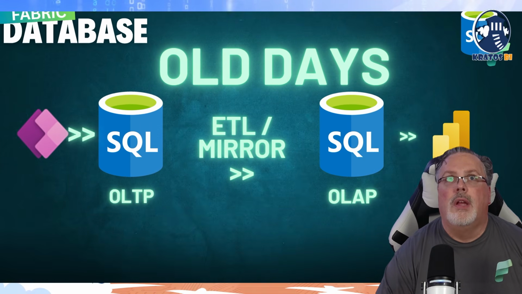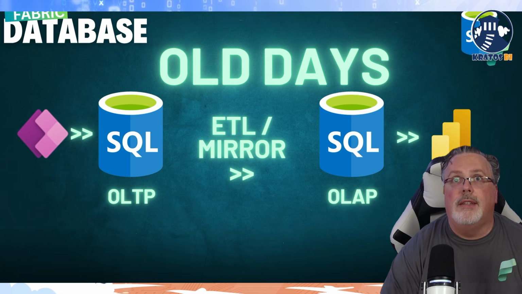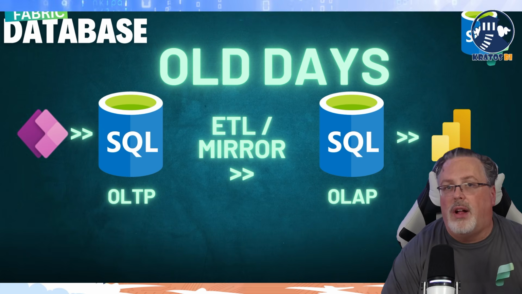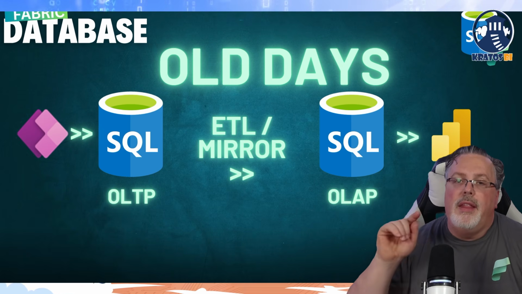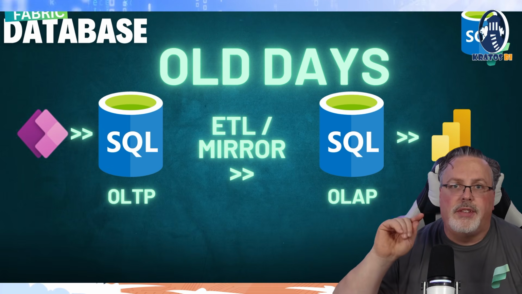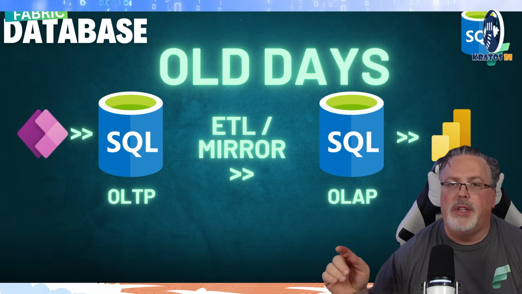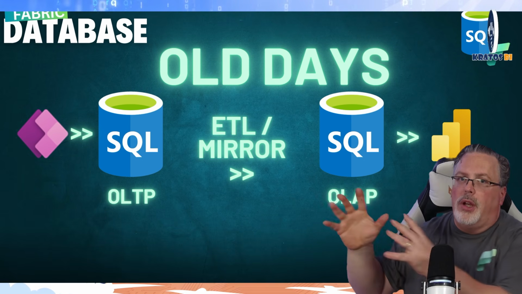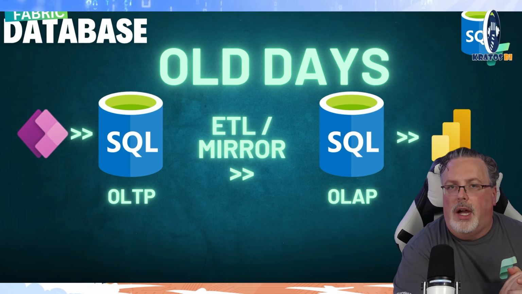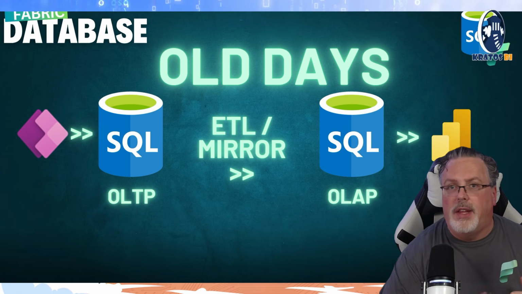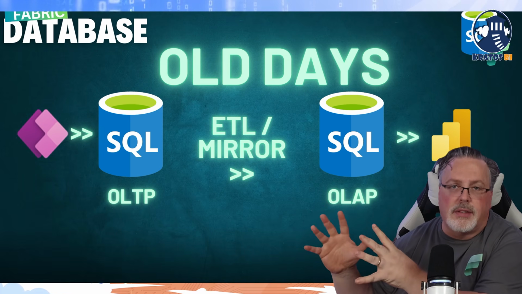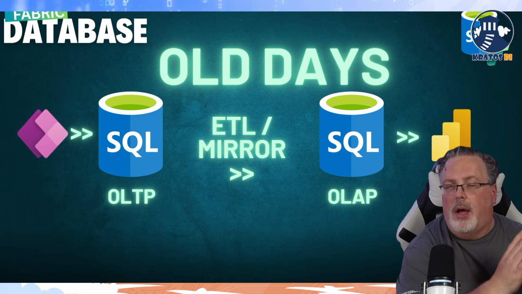So in the old days, we would set up a SQL server, have all of our applications pointed at it, and then we would stand up a second SQL server, and we'd establish mirroring or ETL between them. We'd extract the information from the application server and bring it over into the analytics server. And we'd have to manage that pipeline, making sure that we weren't causing an issue on the analytical side, so it just came through and was available on the warehousing side.